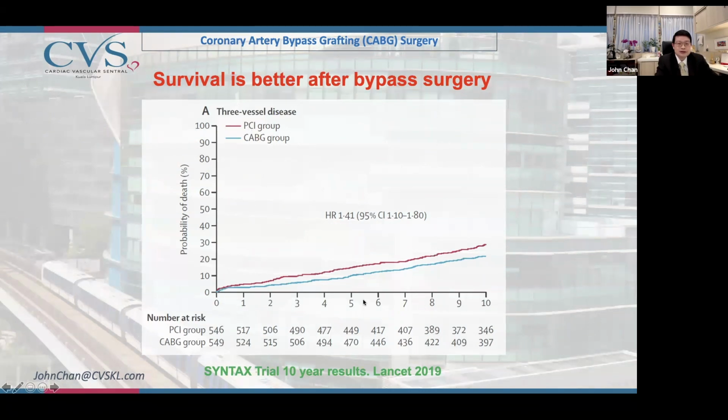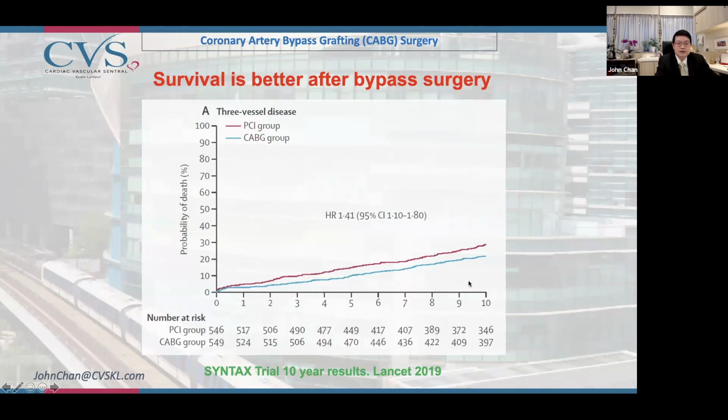So this on the x-axis is the years, the number of years, and this on the y-axis is the probability of death. So how many patients have died? And you can see the blue line are those who have had bypass surgery, and the red line are those who have had coronary stents.